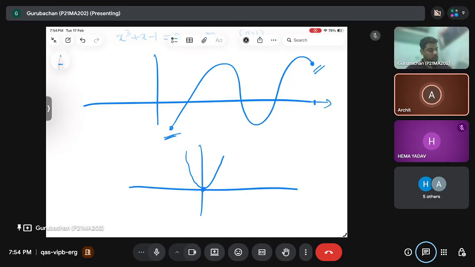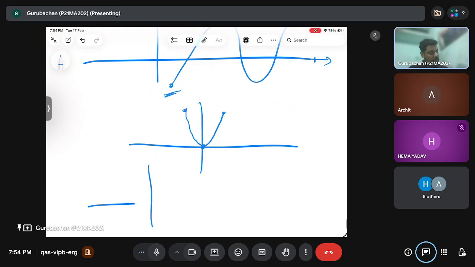Like this, if it turns. In the first graph only, when it first crosses and the second time it turns like this.